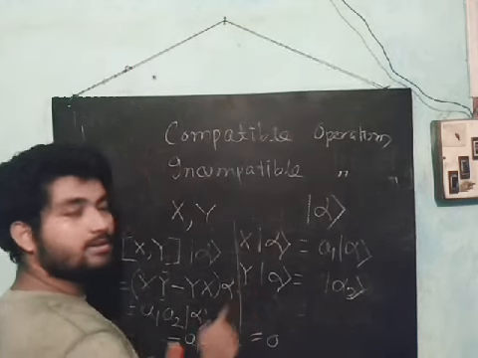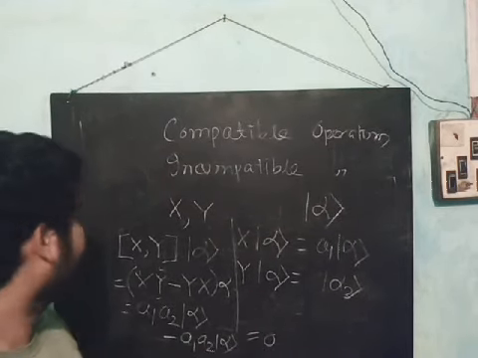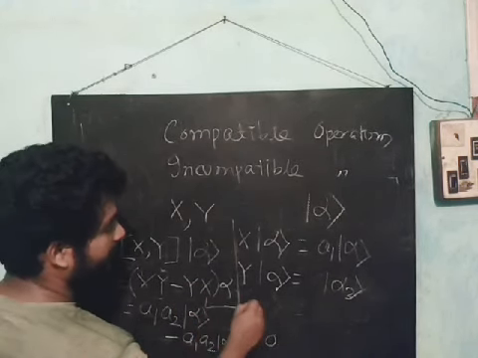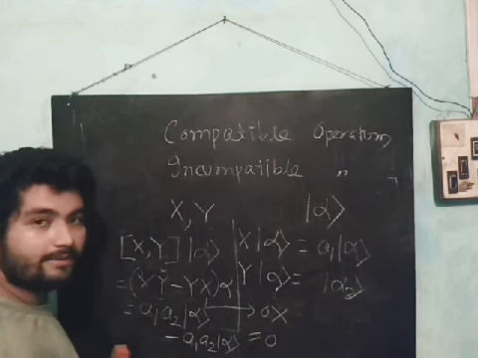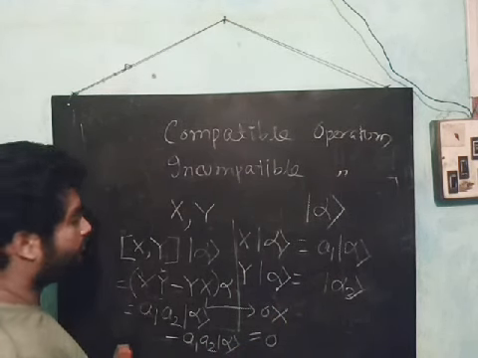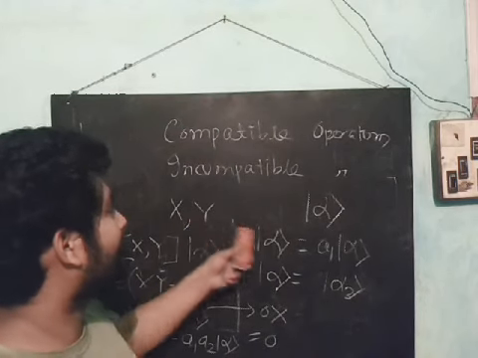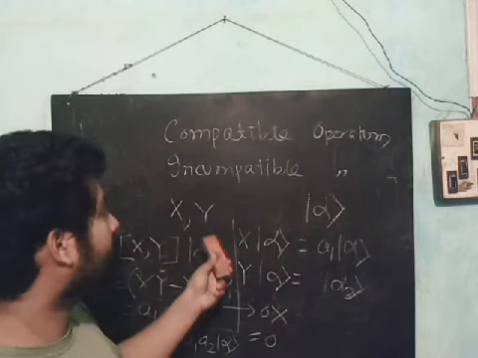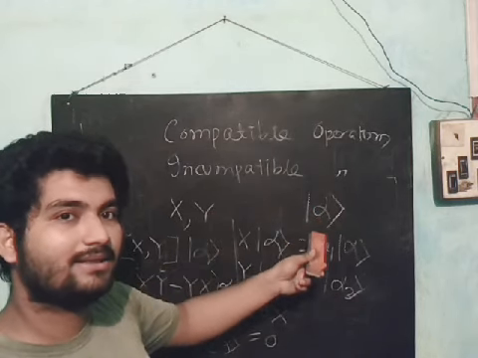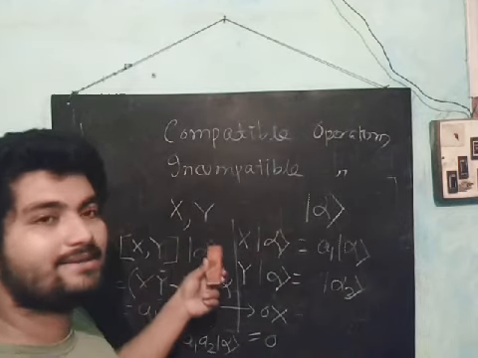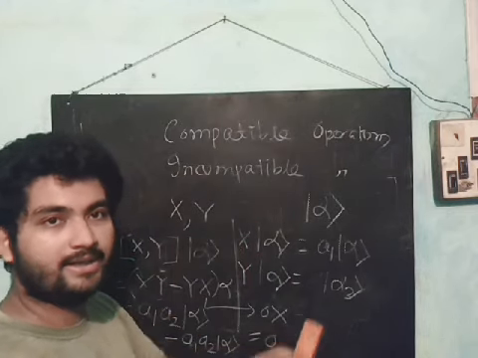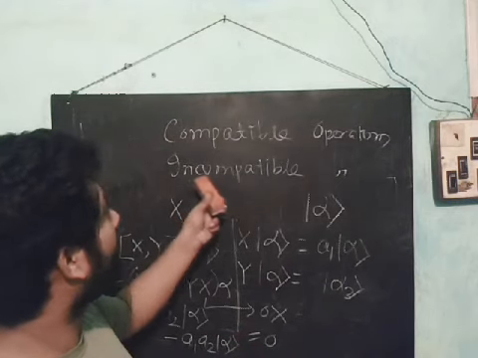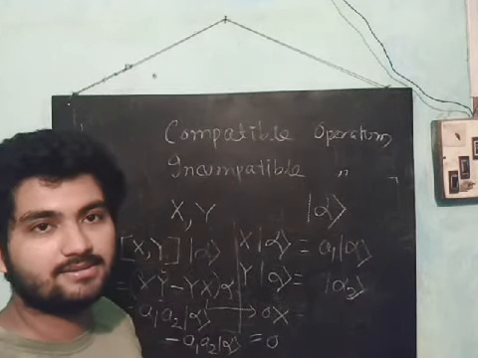Now when I do this, it will not give me 0. You can check this. So when two operators share an eigenstate, these two will commute. But when they do not share the same eigenstate, the eigenstate for X and the eigenstate for Y are different, then these two operators will not commute. Then they will be called incompatible operators.